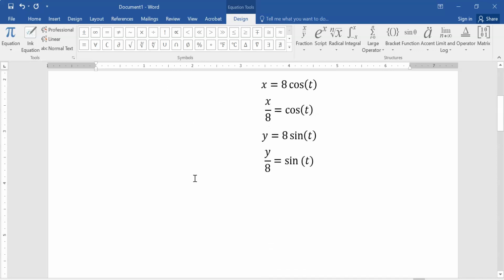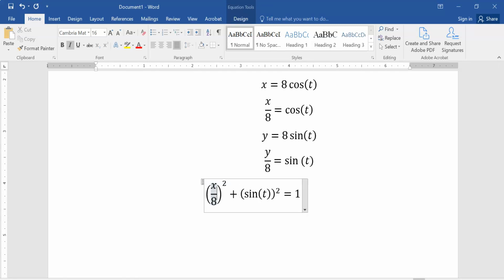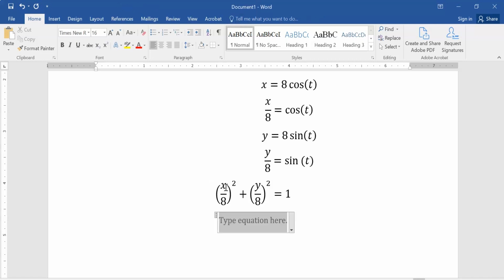So take that identity, in for cosine of t, replace that with x over 8, in for sine of t, replace that with y over 8, and this is the equation you get. Now, I'm going to clean that up to make that look like a circle because I know that's going to come out as a circle.